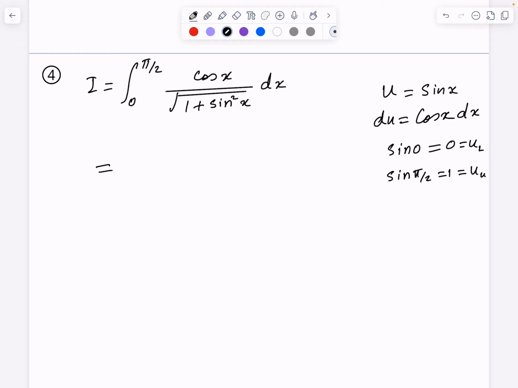Therefore the lower limit is 0 for u, and the upper limit is 1.